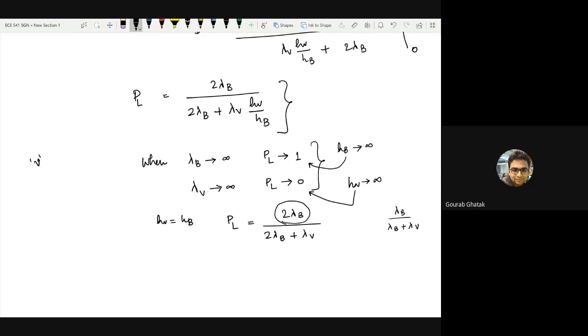So when the heights are equal, base stations are of equal heights as the vehicles, then you would assume that it should depend on the fractional locations of the base stations vis-a-vis the vehicles. But it seems that it is twice as much. Can you tell me why?